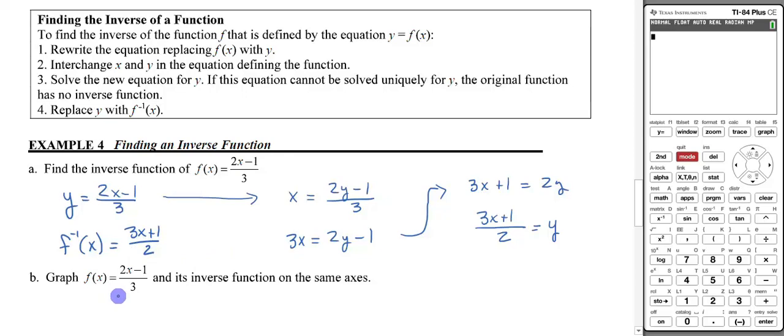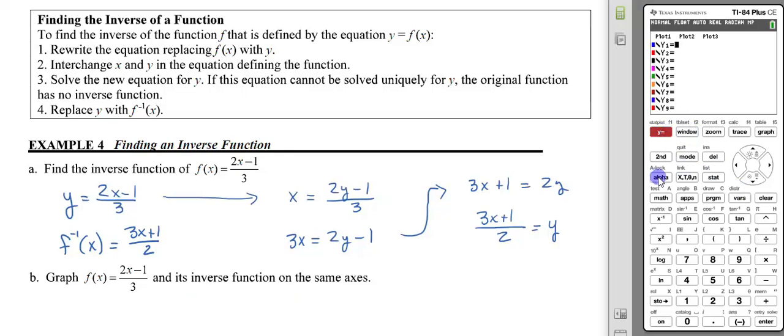Let's graph f of x and its inverse that we just found on the same axes. Let's go here. We can say alpha y equals n over d. This is 2x minus 1 over 3, and alpha y equals, using our handy fraction template, 3x plus 1 over 2.